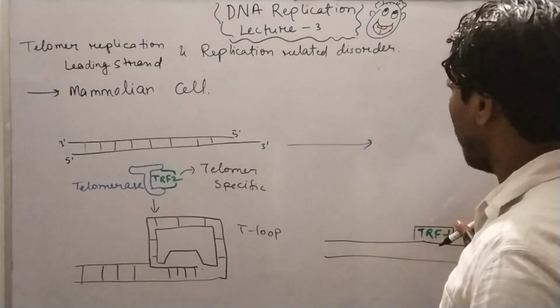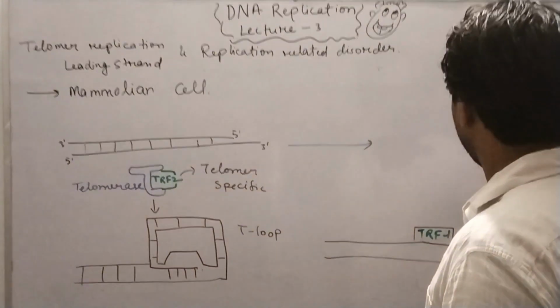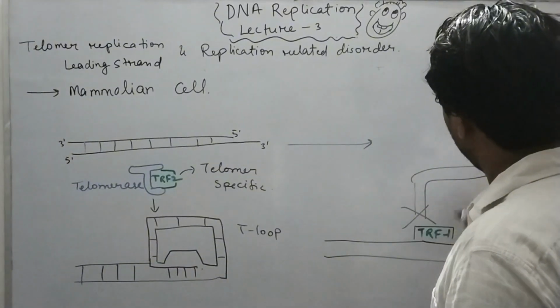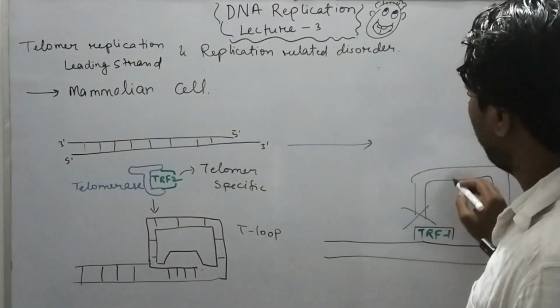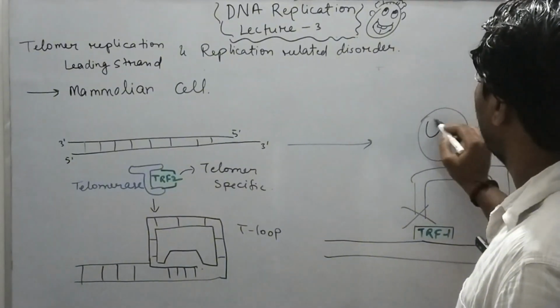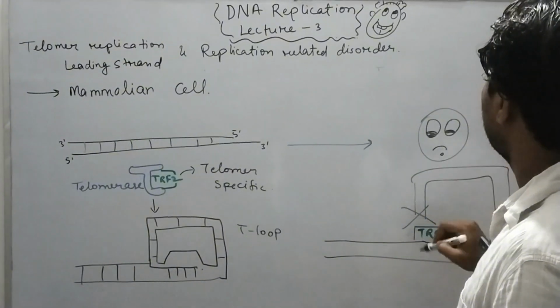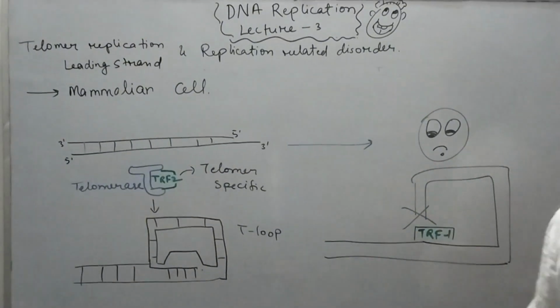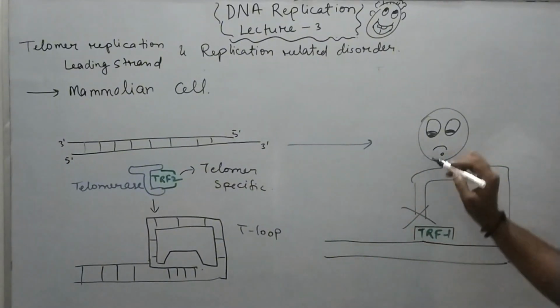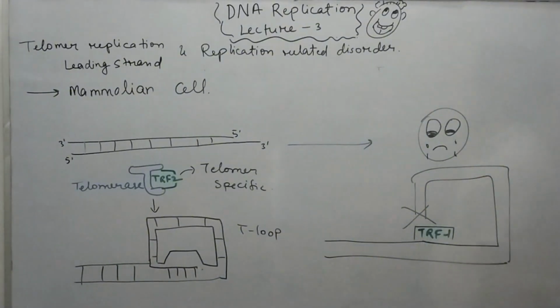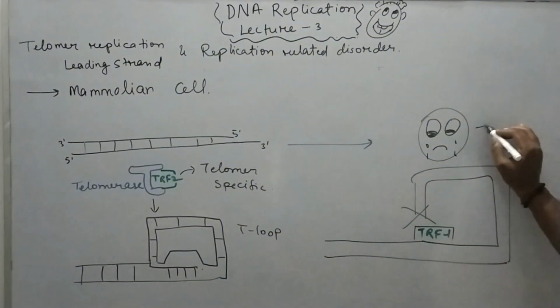Because of TRF1 binding, the telomerase cannot make a loop, and it will become crying. Okay, why? It cannot bind. It is a telomerase.